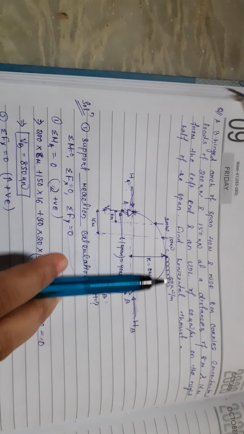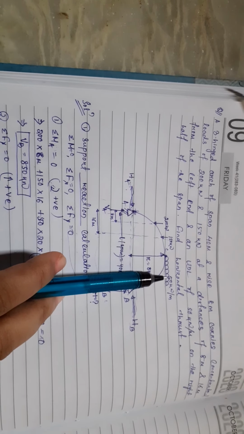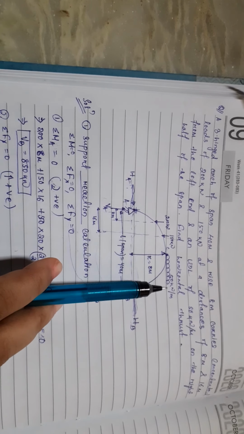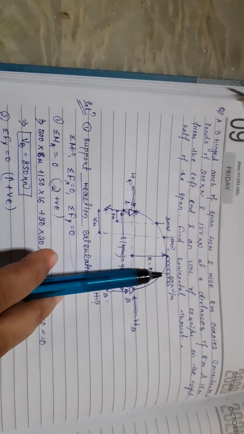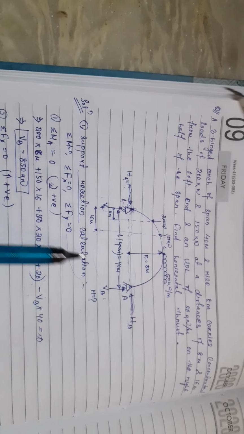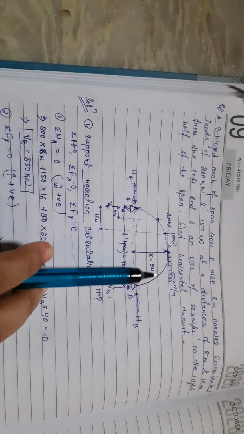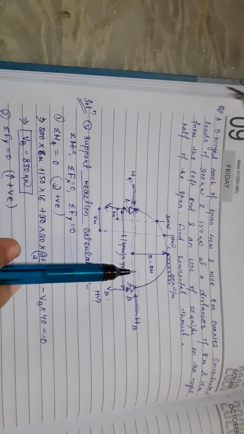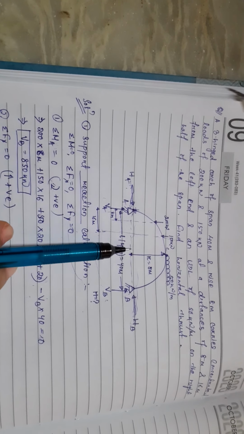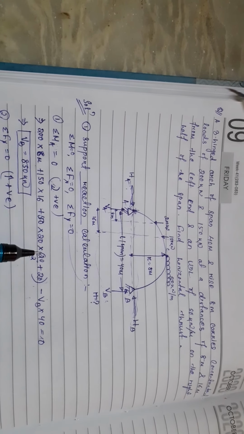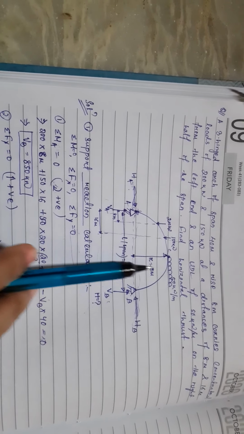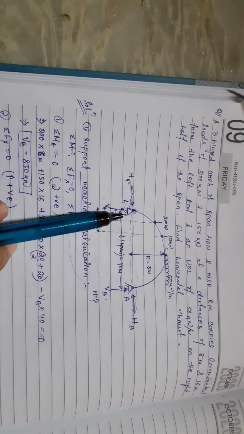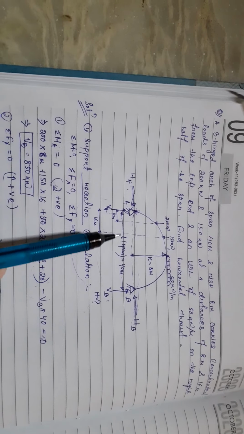In case of UDL, I calculate the moment as force into its distance divided by 2. So 50 into 20, and its distance is half from A, so 20 divided by 2 plus another 20.